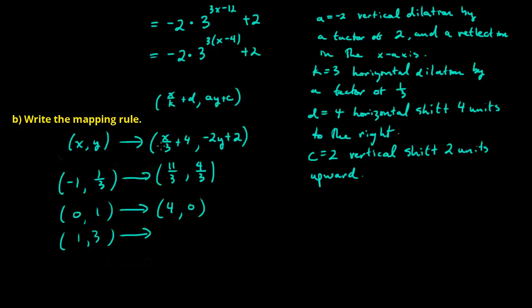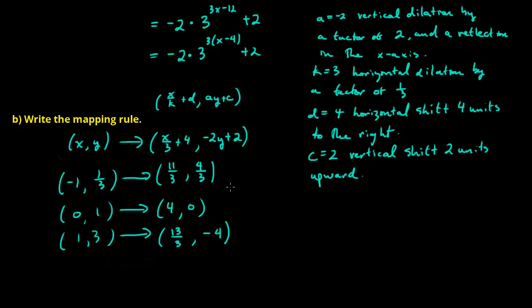And 1 divided by 3 plus 4 is 4 1/3, or 13/3, and -2 times 3 plus 2 is -4. So these are the key points on my transformed function.